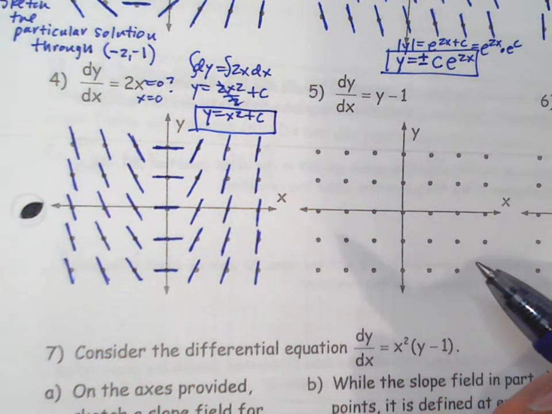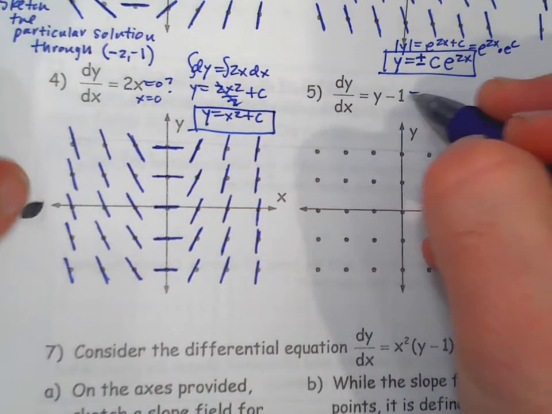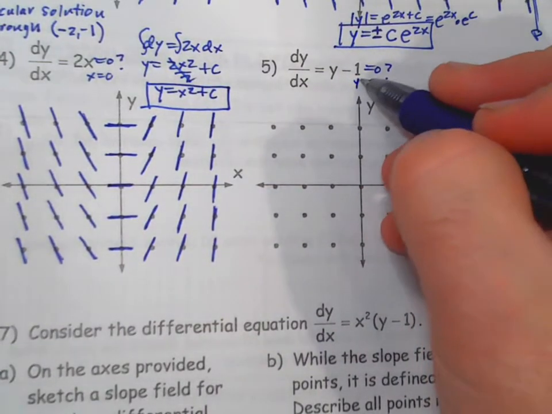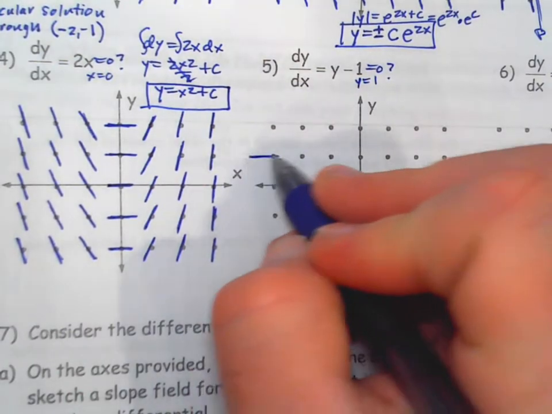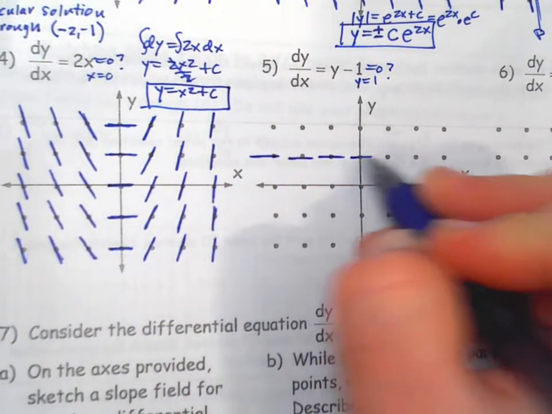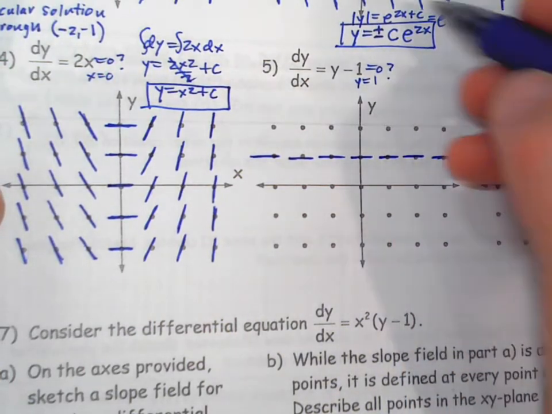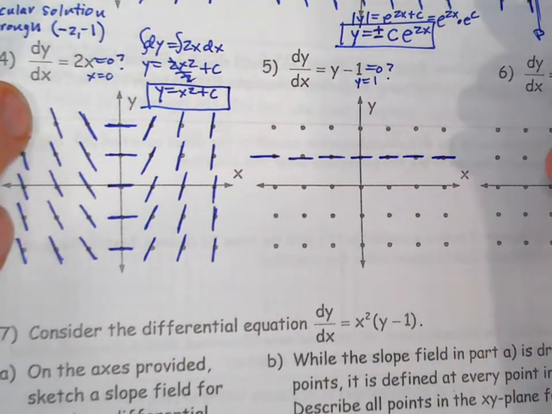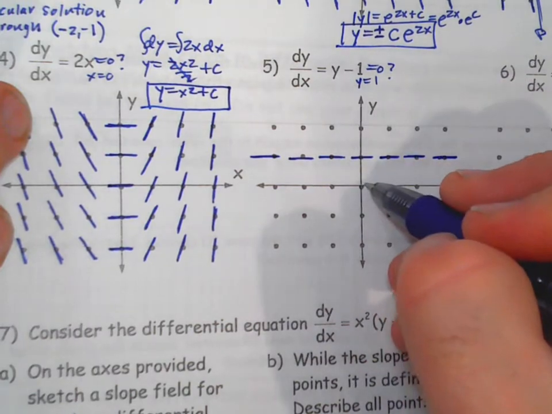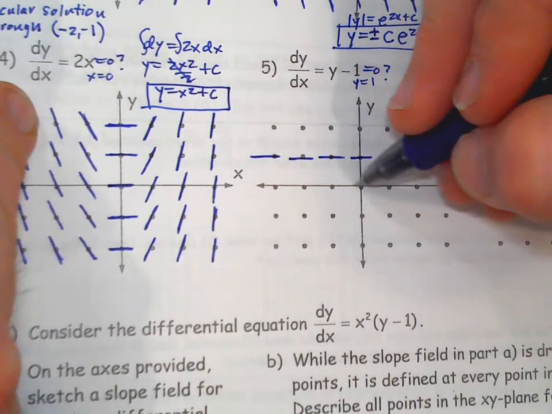Okay, next one, when does it equal 0? Well, when y equals 1. So along this horizontal line, y equals 1, you get a bunch of 0 slopes. And undefined, nope. It just depends on y. When y is 0, you get a slope of -1.